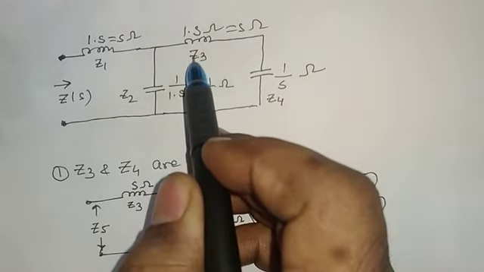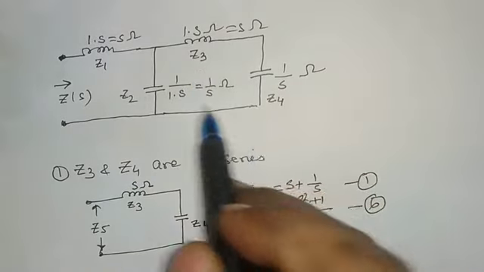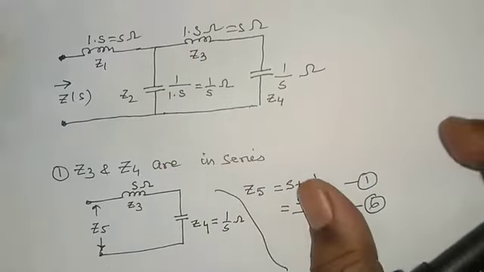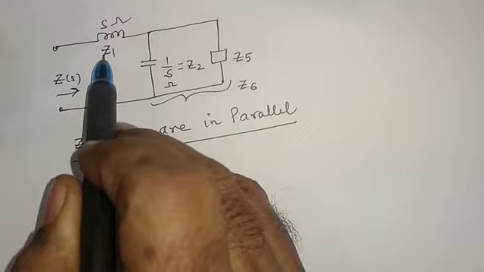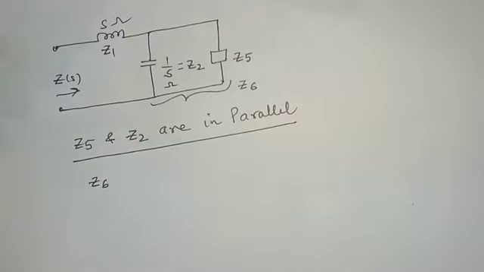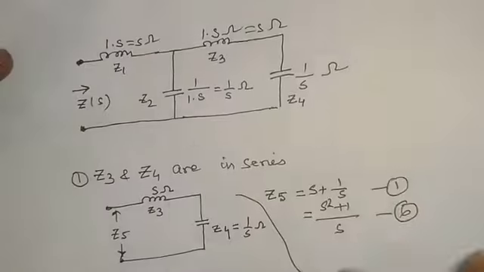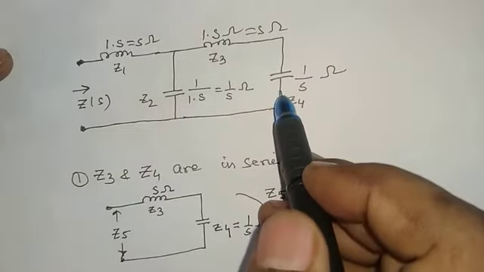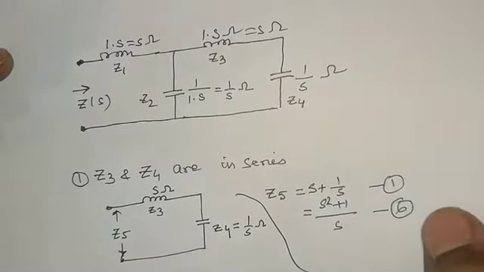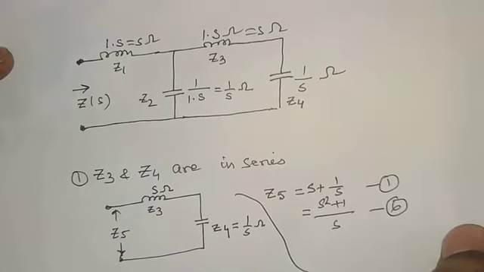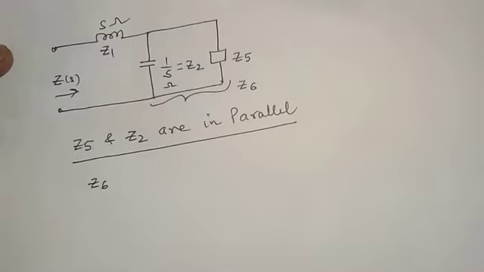Now, to calculate further, I will replace Z3 and Z4 by Z5. See the circuit: this is Z1 of S ohm, this is Z2, and Z3 and Z4 I have replaced by Z5, the value of which I have calculated in equation number 6.